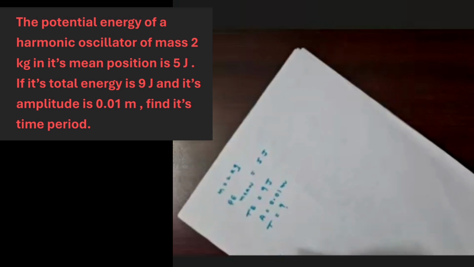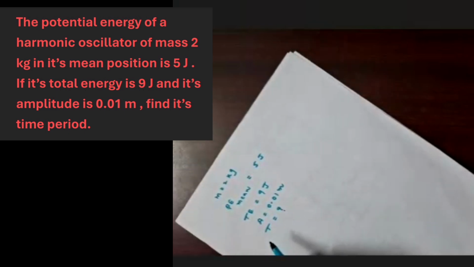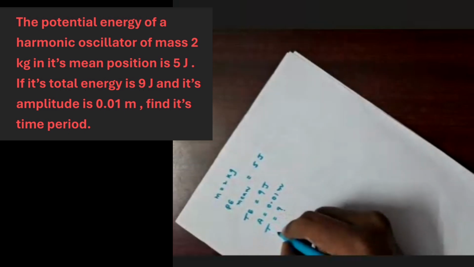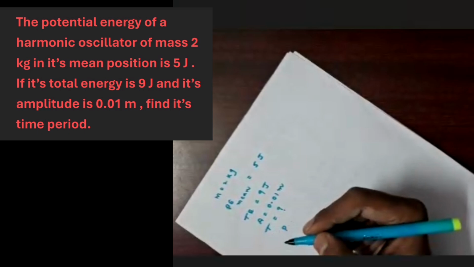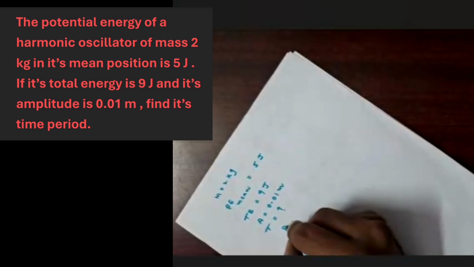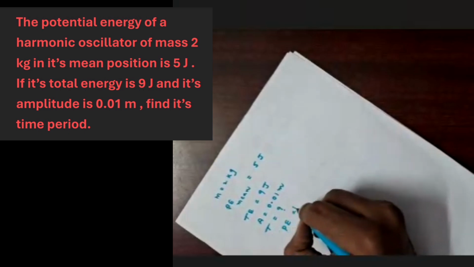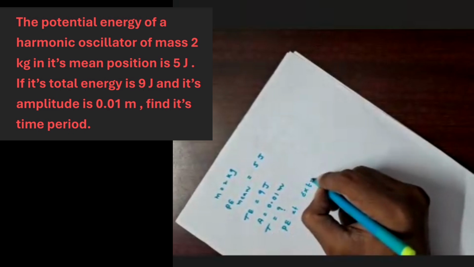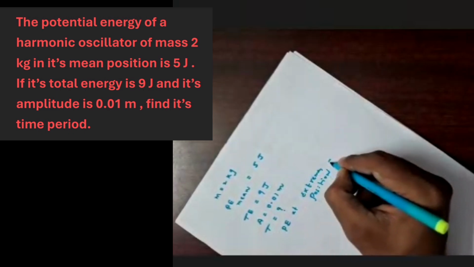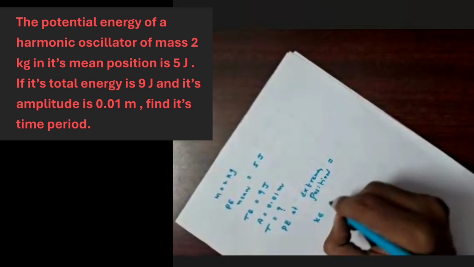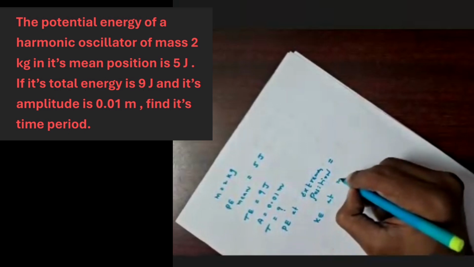As you know well, at the mean position the potential energy is minimum and kinetic energy is maximum. So potential energy at extreme position is equal to kinetic energy at mean position.